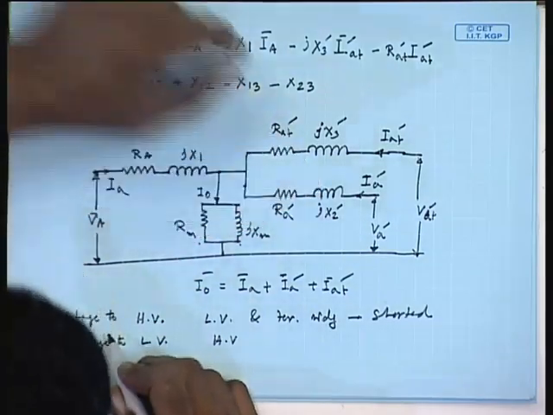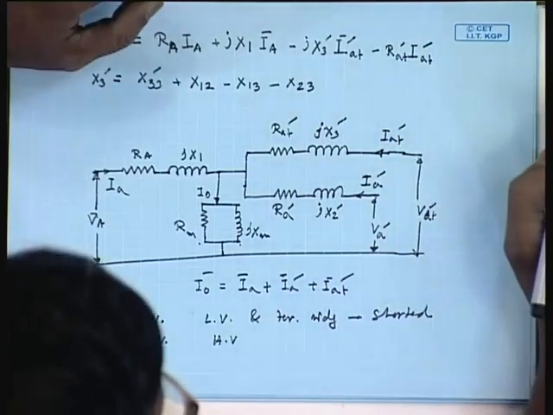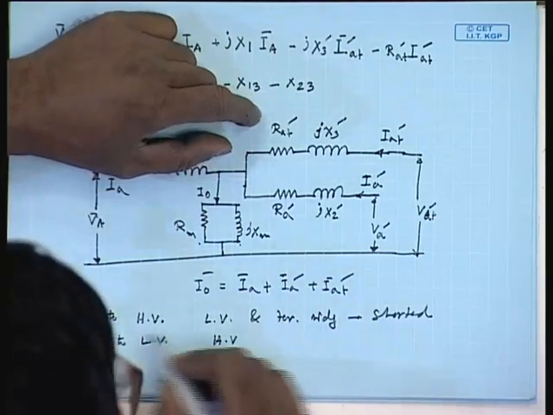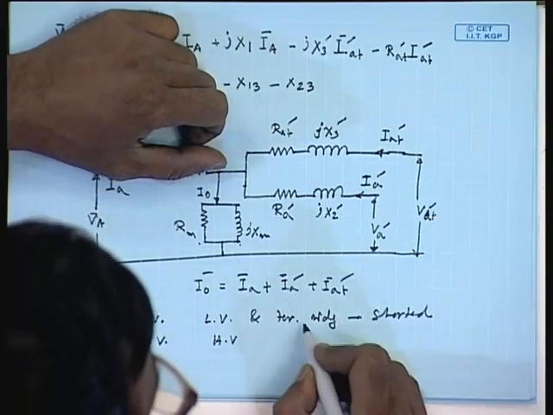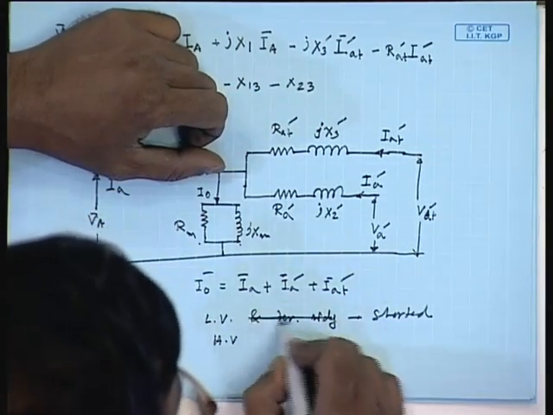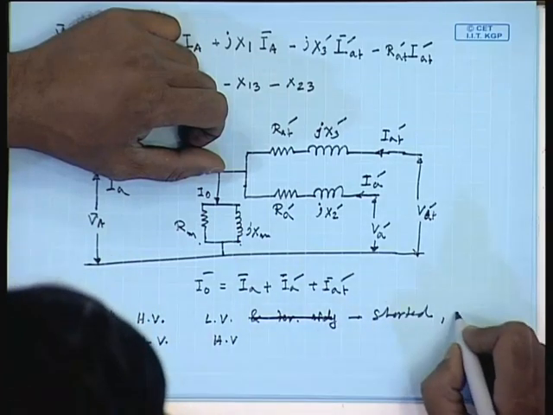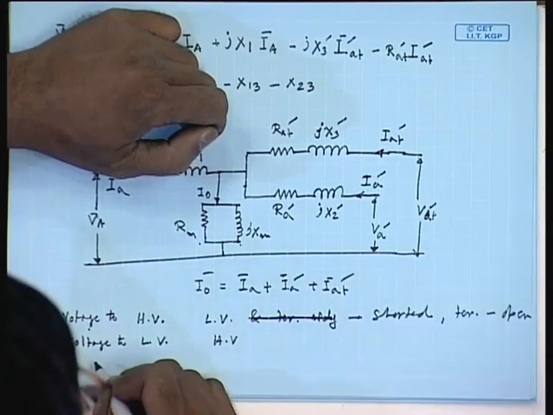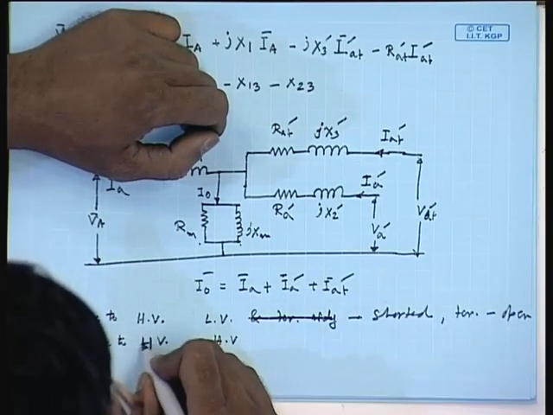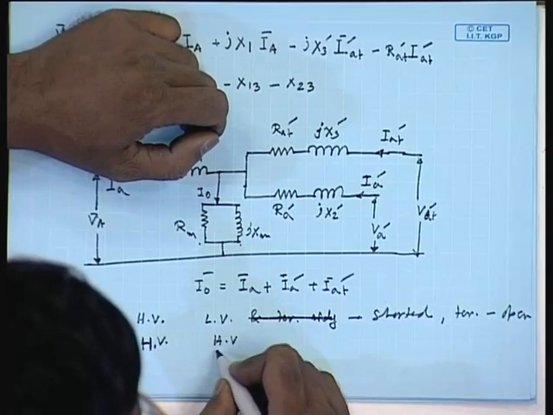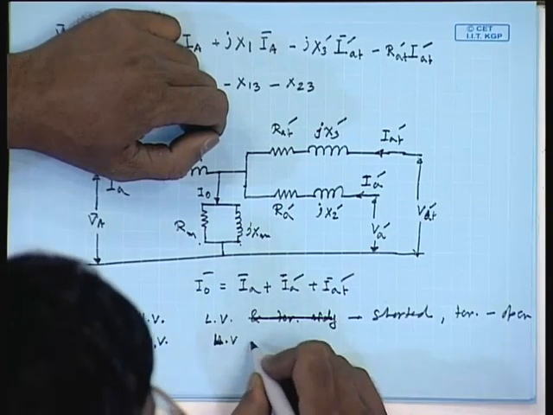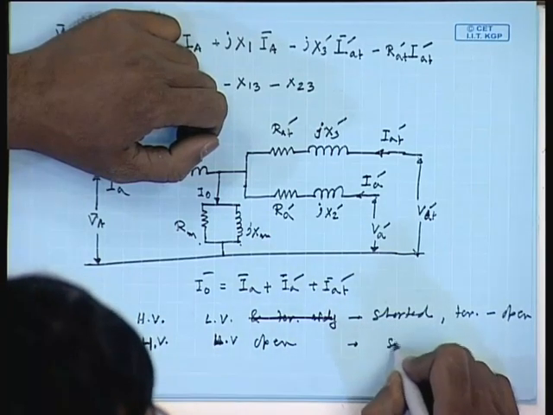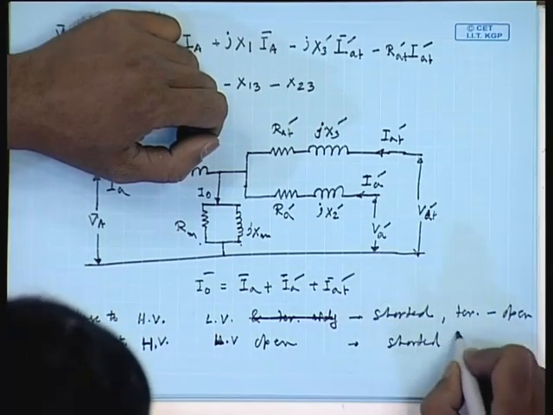In this case, you have to do 3 sets of short circuit test. One, voltage to HV side, LV side shorted, tertiary winding open. Then voltage to HV side, LV side open and tertiary winding shorted.